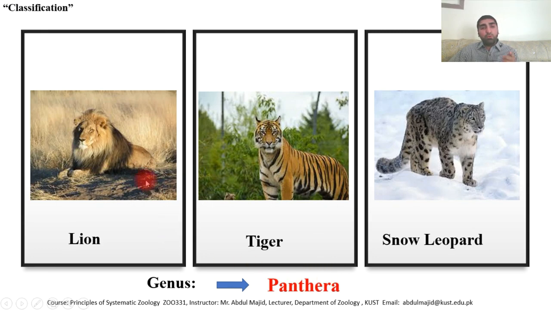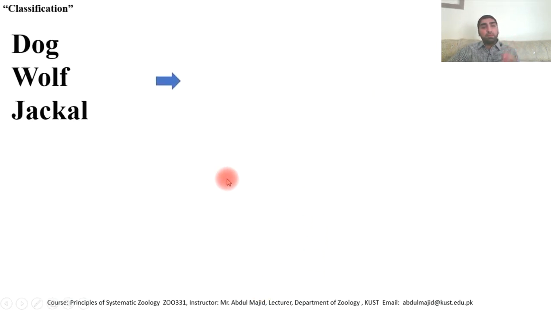So though lion, tiger, and snow leopard are different from each other, on the basis of similarities, we place them in one genus, that is Panthera. Now, the dog, the wolf, the jackal, they are placed in a family Canidae. These were placed into genus Canis, and this Canis genus is now placed into family Canidae.